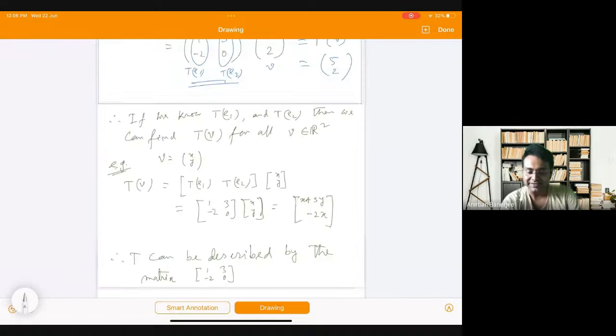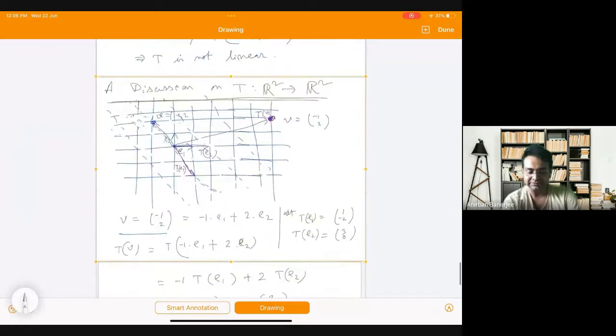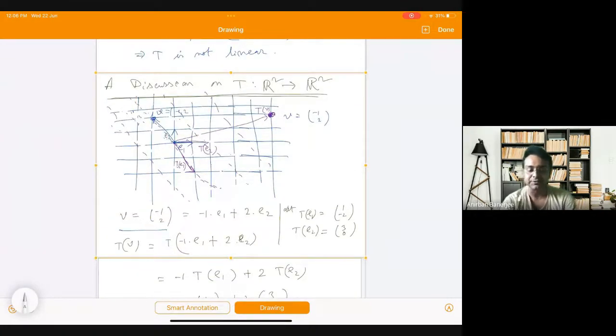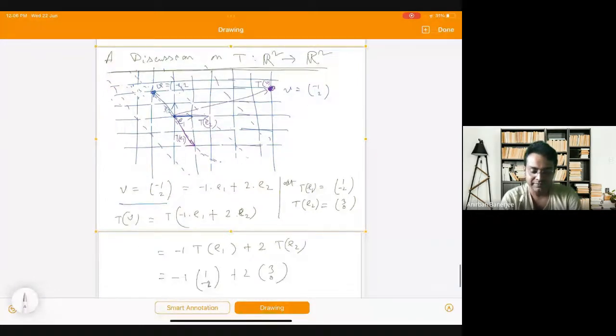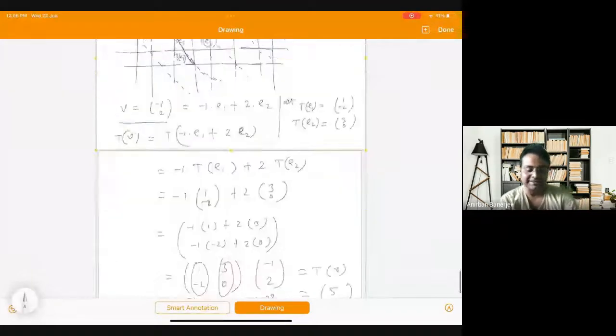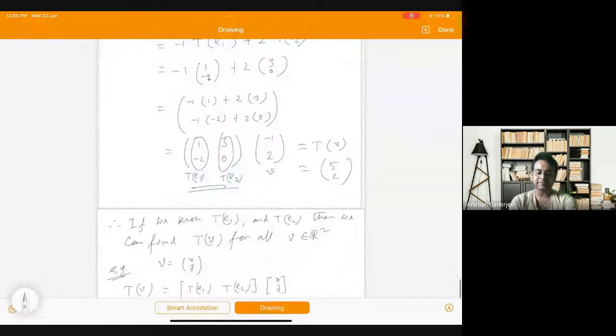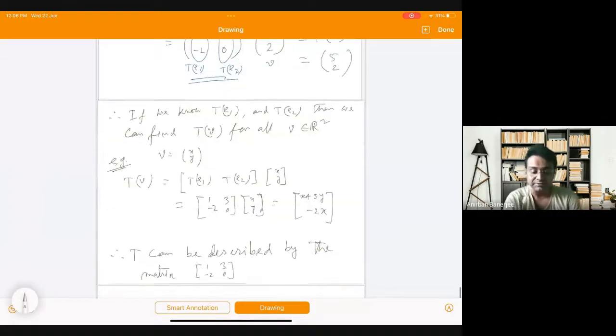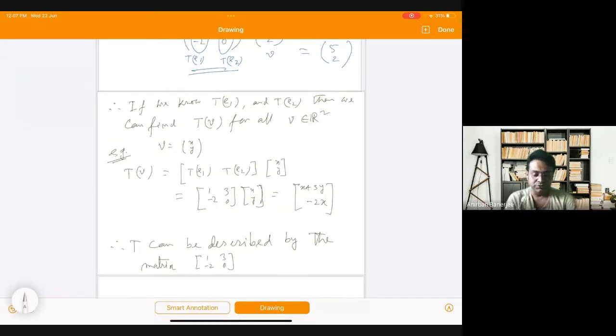So do you have any other questions, doubts about the linear transformation, whatever we have covered until now? So what I said is that, for any vector v, to know what the new coordinates of this vector will be, if you know the new coordinates of E1 and the new coordinates of E2, that will give us a matrix that will be enough, even if we don't know the formula for the linear transformation.